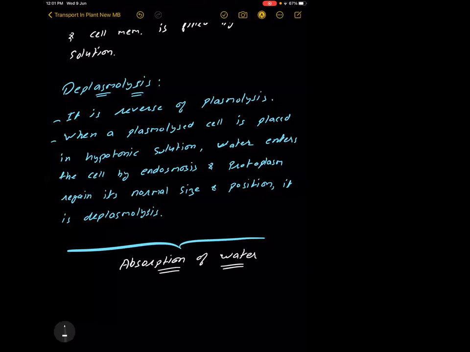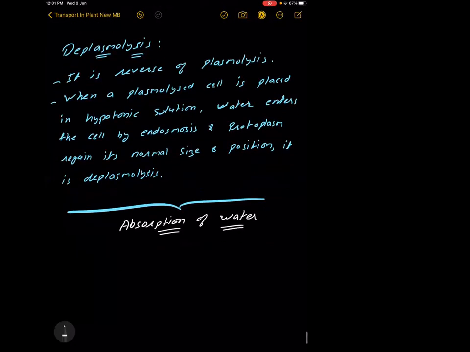So it regains its normal shape and size and position. This is the removal of plasmolysis, not exactly destruction, a removal of plasmolysis. It is called deplasmolysis.